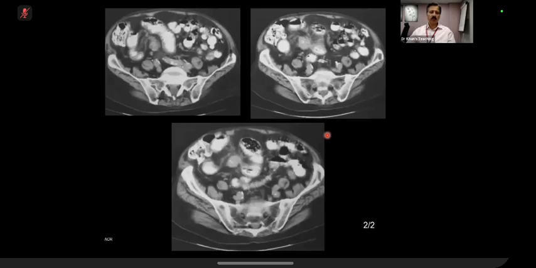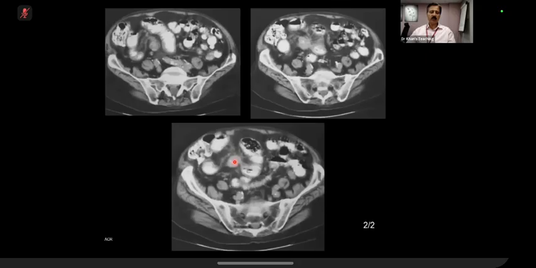So the examiner can show you a mesenteric mass and ask where is the primary, and the primary might be a more subtle small bowel lesion. So that is the take-home point. Then in carcinoid, 80% of cases might show a bit of calcification.